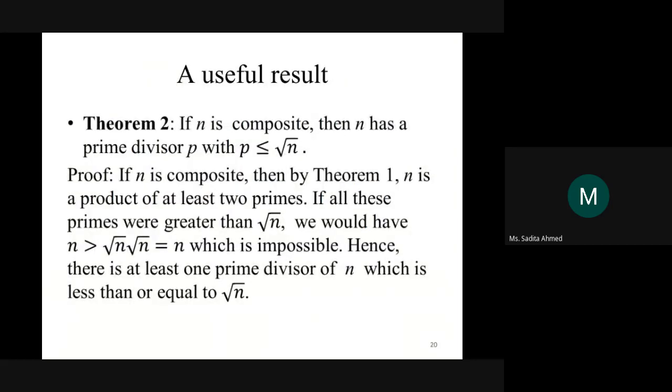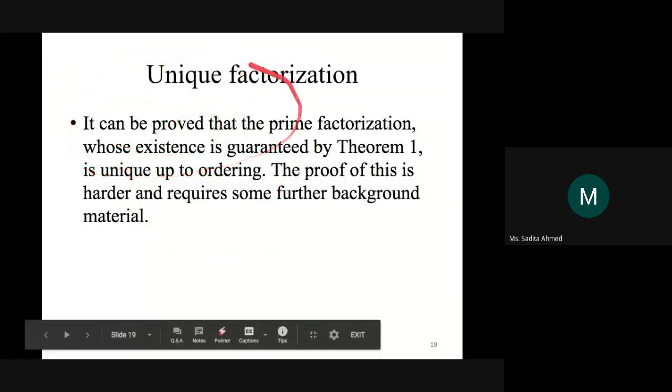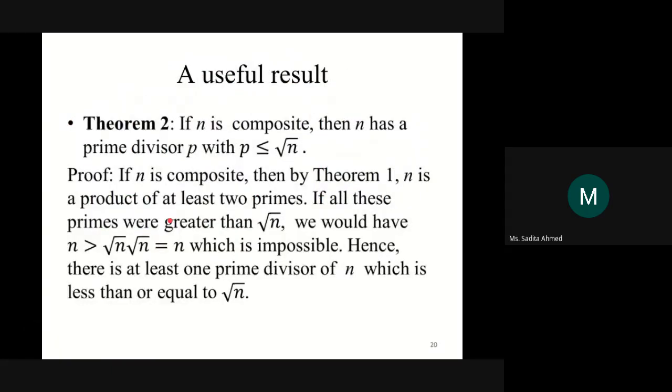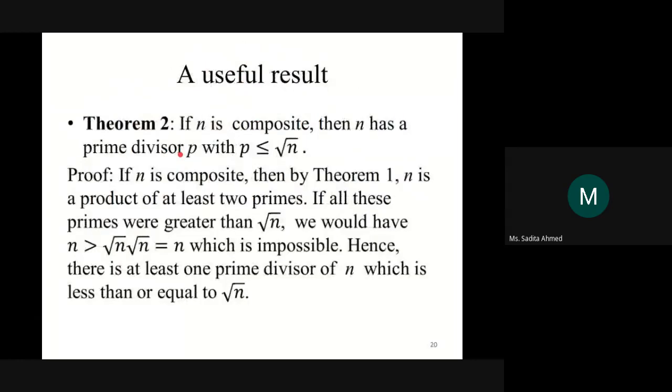A theorem that builds on this idea of unique factorization. So this theorem is a derivation of this idea, all right? It says that if n is a composite, that is, for all integers greater than 1 which are not primes themselves, then the integer n has a prime divisor p such that p is less than or equal to the square root of n.